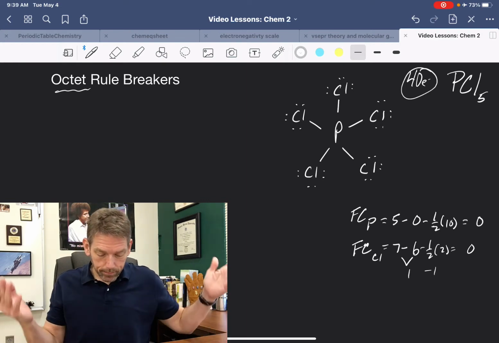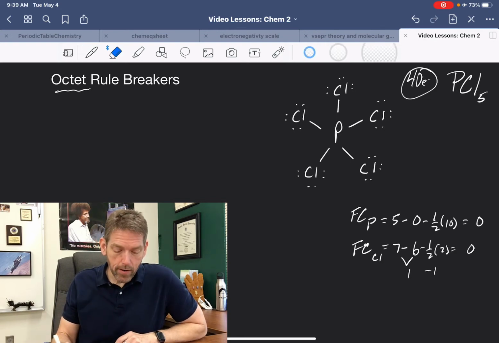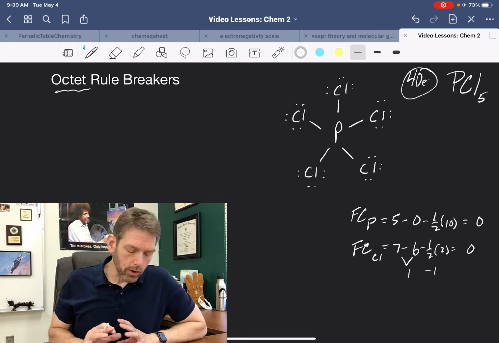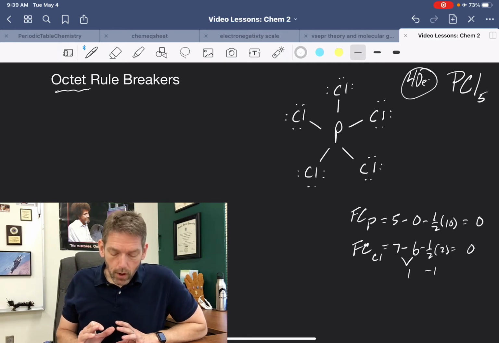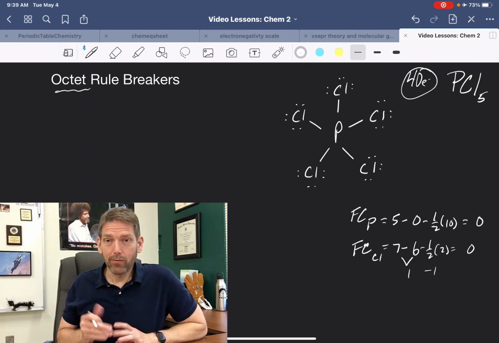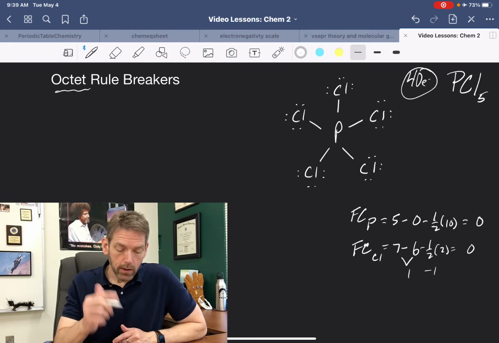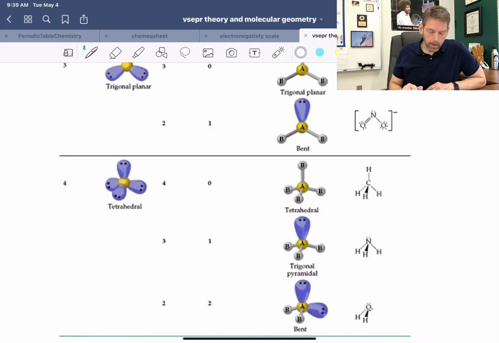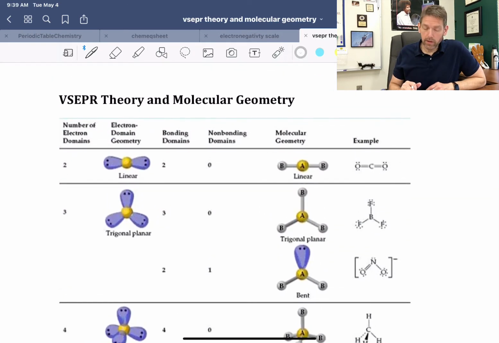So here's our expanded octet. Now we just ask ourselves, okay, here's our formal charge. We've verified this. Now, how do we draw this? How in the world are we going to draw this thing? So here's where you go back to your VSEPR document that I've given you.